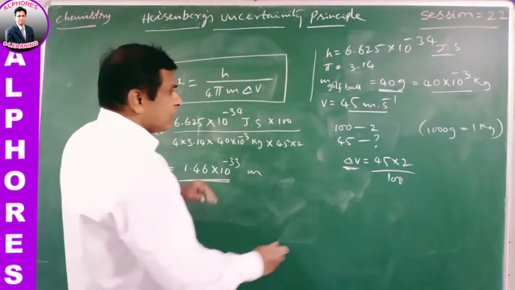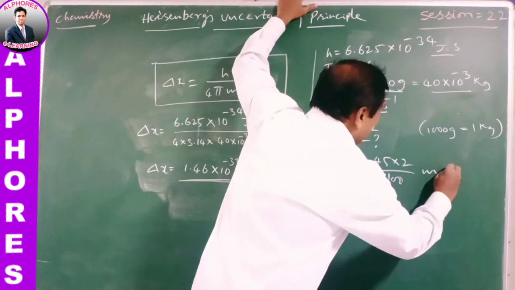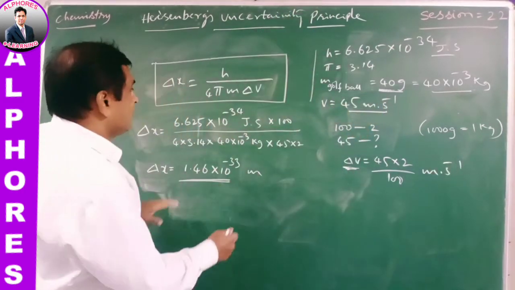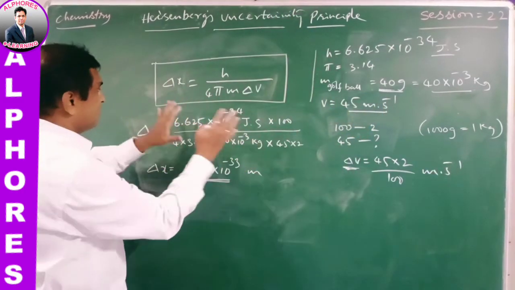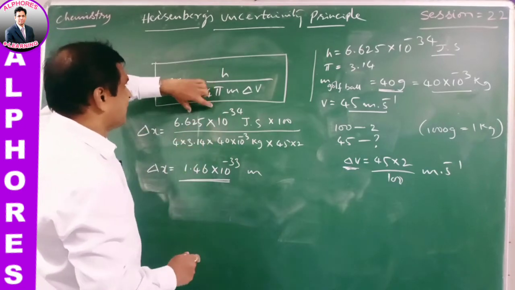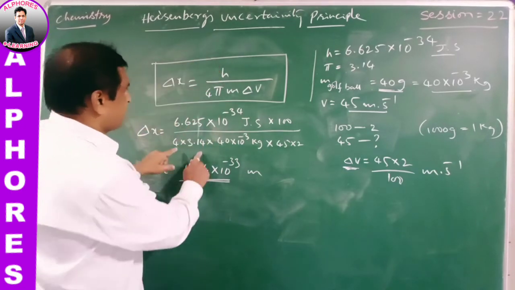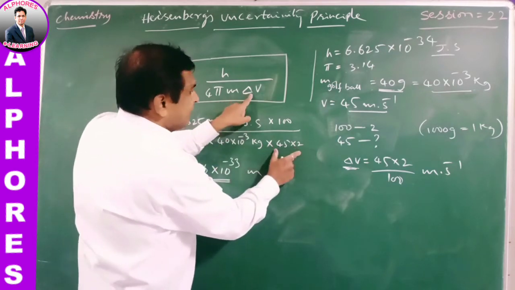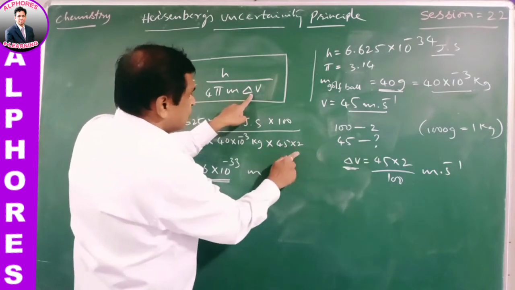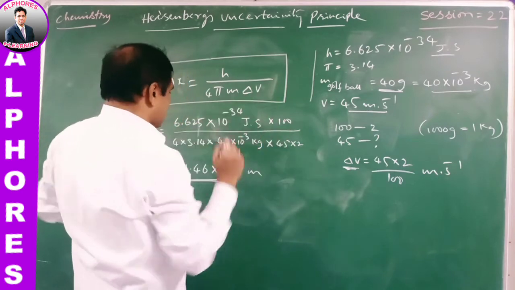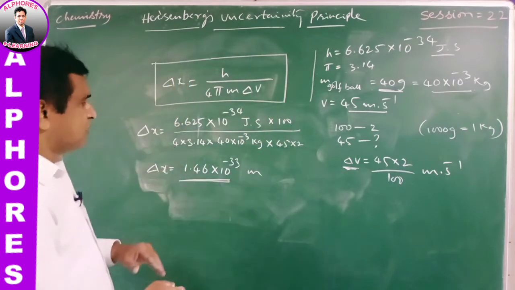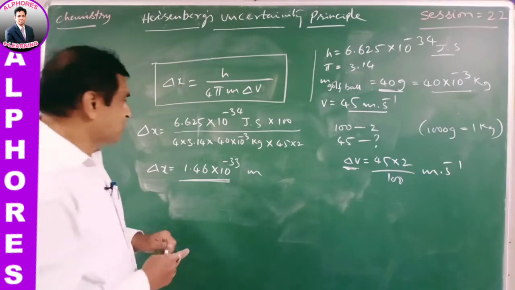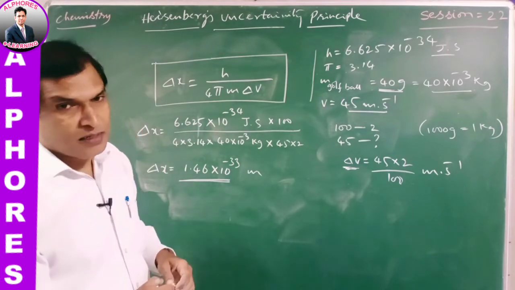Now substitute the data in the formula: Planck's constant, pi value, mass of the golf ball, and delta V equal to 45 into 2 by 100. On calculation we get 1.46 into 10 to the power minus 33 meters.